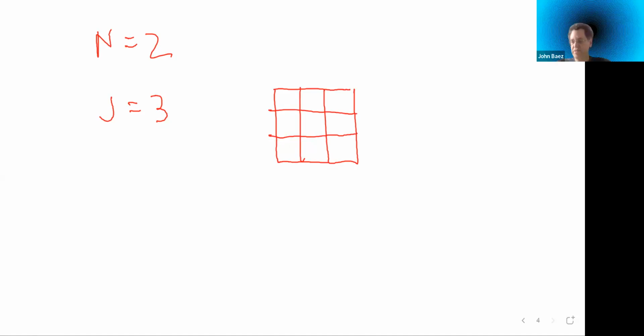Wasn't j the number of indices? J was the number of indexes. Okay, I guess I was jumping the gun a little bit. So maybe you just got n and j backwards.